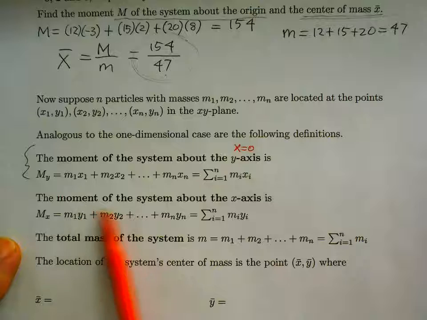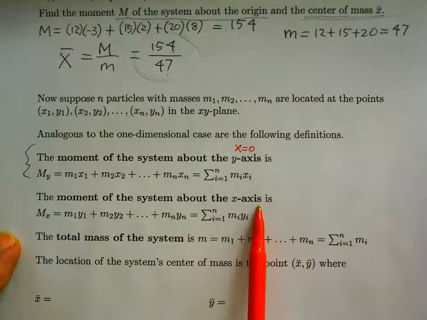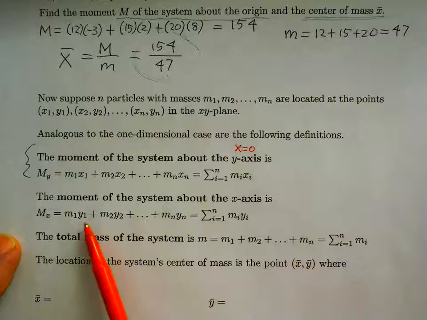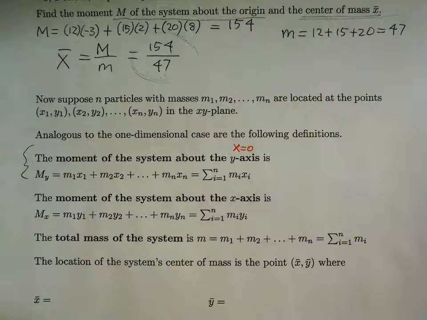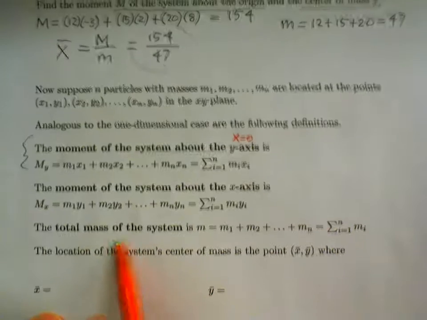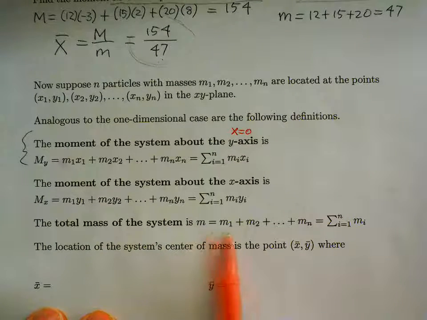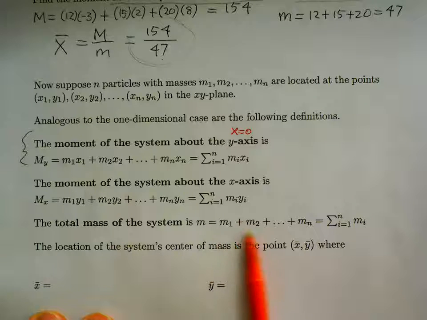Okay, it's the moment of the system about the x-axis because the y-coordinates tell us how far a point is from the x-axis. And the total mass of the system is pretty easy to understand. We just add up the masses, m1 plus m2 and so on, up through plus mn.